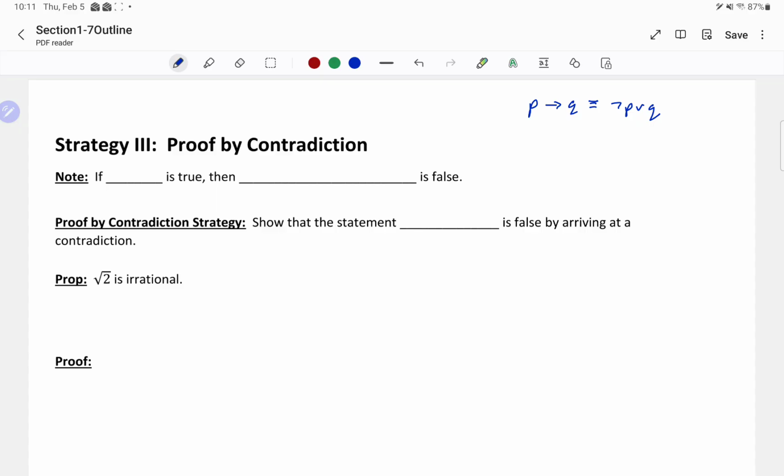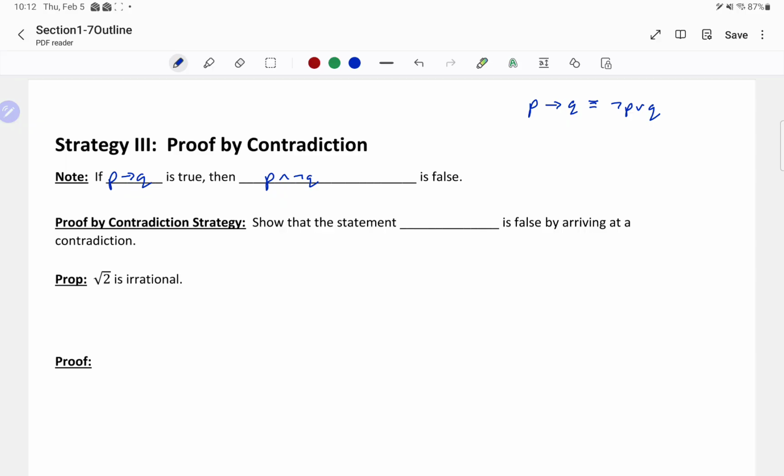So if P implies Q is true, so if the statement, if P then Q is true, then the statement P and not Q must be false. All right. If P implies Q is true, then P and not Q must be false. Right?